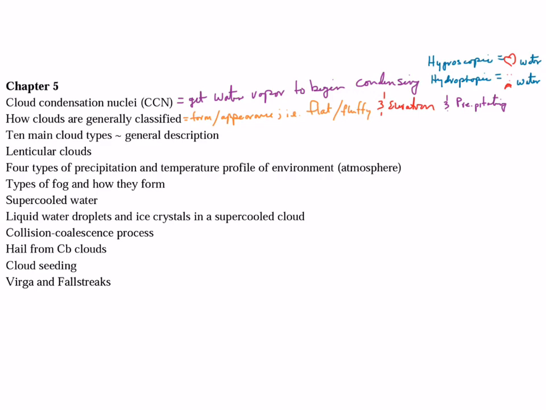And the third way is precipitating. If it's precipitating, we go with nim or something in the name. Middle clouds are alto, high clouds are cirrus. So that's kind of the 3 things, how you classify them.